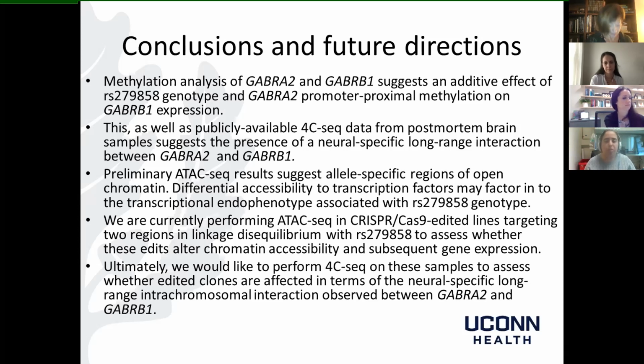And ultimately, we would like to perform 4C-seq on our own samples to confirm the presence of a physical interaction between alpha-2 and beta-1 that's neural specific in nature.